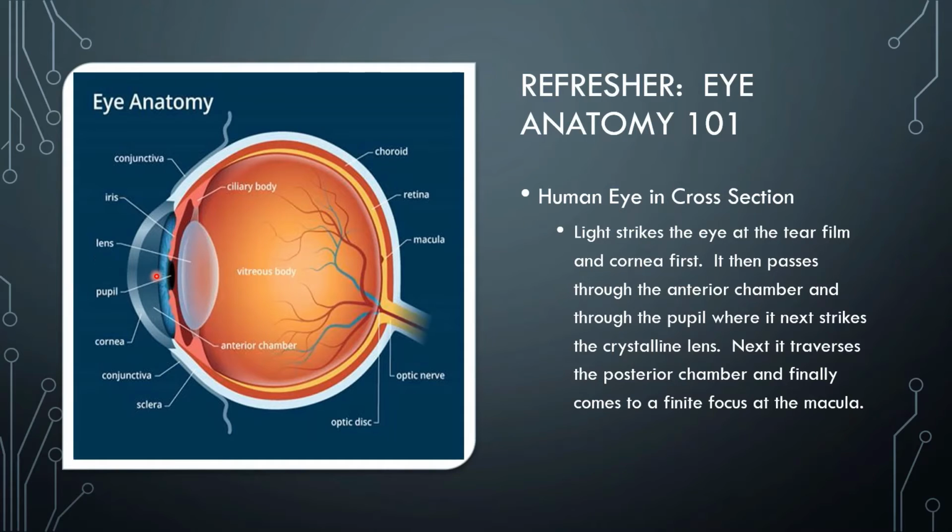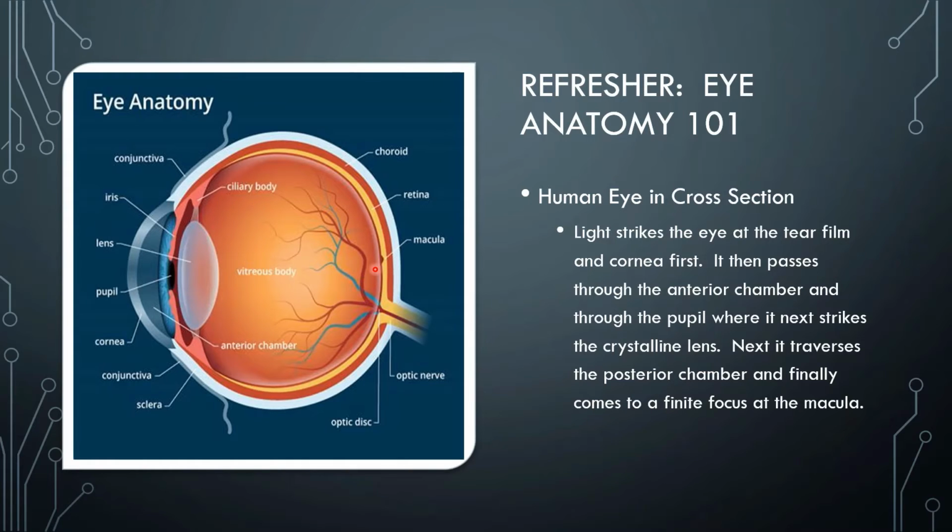So light comes in, goes through the pupil and the lens, and we want to focus right on that spot. If you're nearsighted, light focuses ahead of that spot and then defocuses, and your vision's blurry. If you're far-sighted, light will focus, if you traced it back, behind the eye.